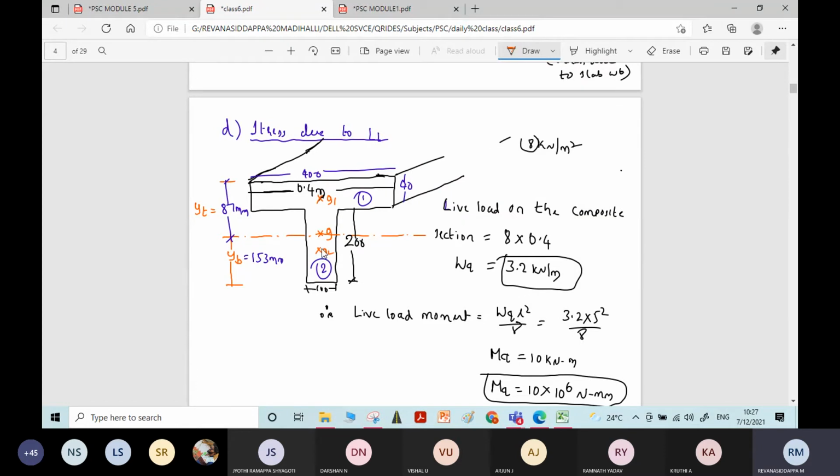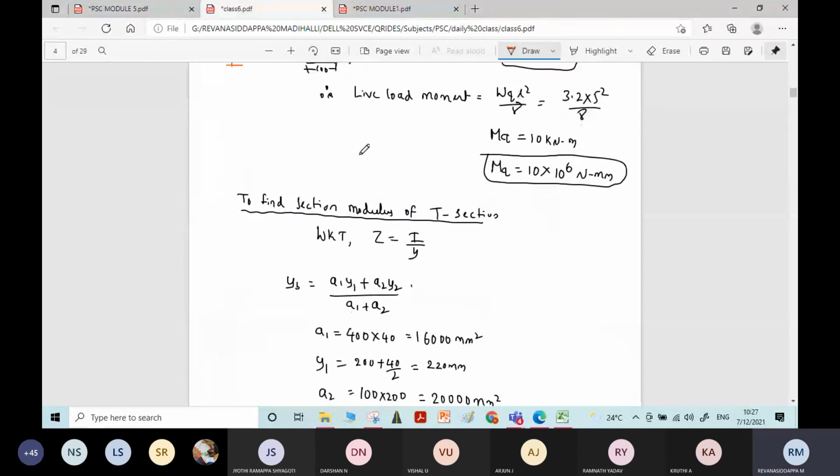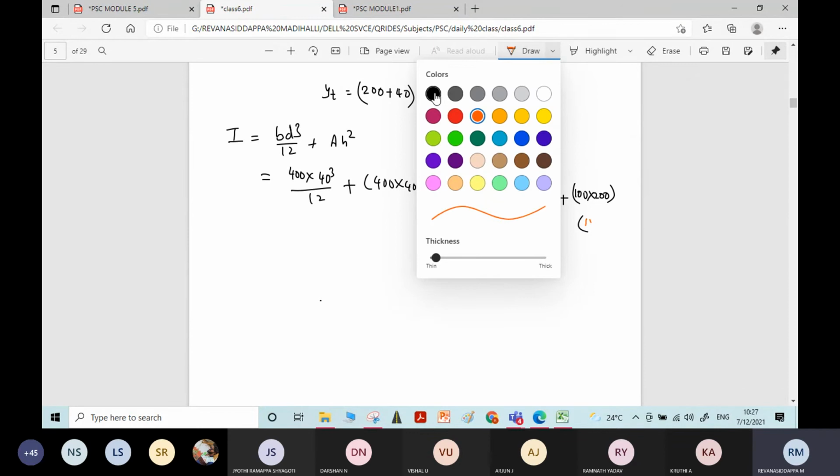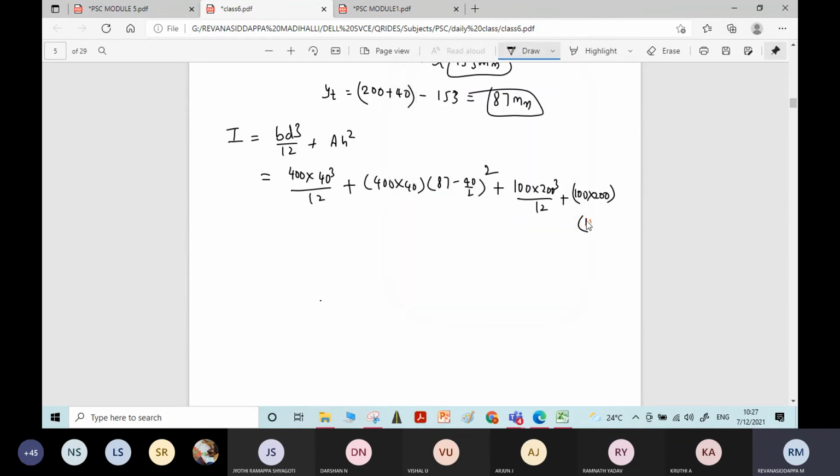Okay. Distance between G2 and G: from bottom fiber, distance of centroid of whole figure is 153. 153 minus 200 divided by 2, means 100. 153 minus 100 if you do, we will get distance between centroids, center of rectangle 1 to that of center of rectangle 2. That is 53 mm we will get. Correct? Therefore, 153 minus 200 divided by 2 whole square.